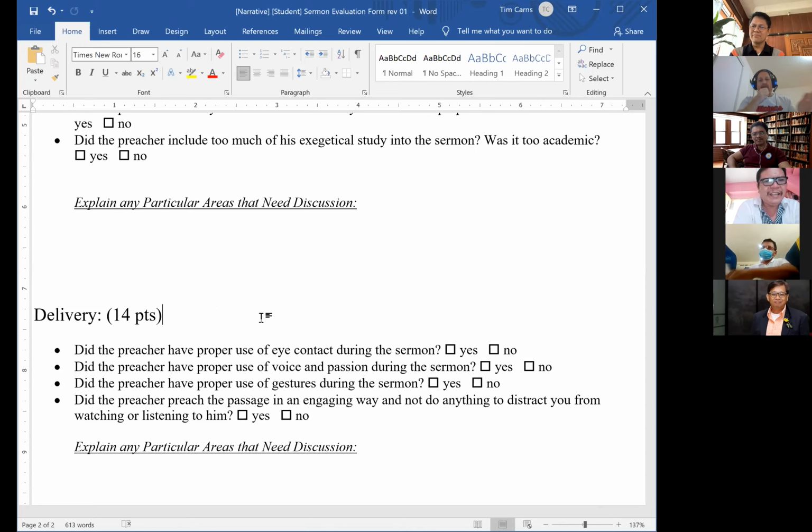I can give you three reasons how you can use your free hand to communicate. And you could switch the microphone, use your other hand. But don't just hold your hands at your side, or grab the pulpit. This is part of the body language that you have to communicate.